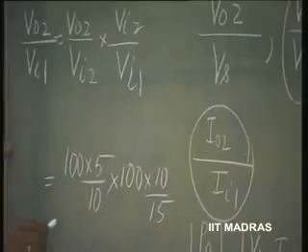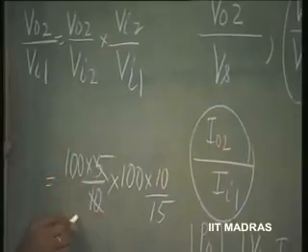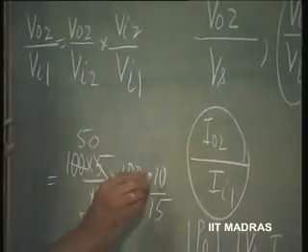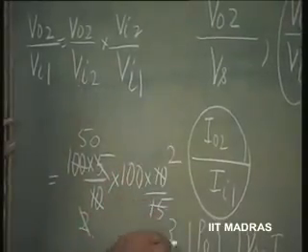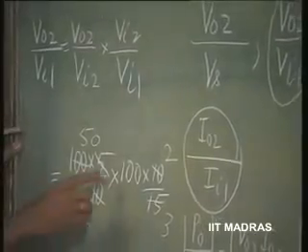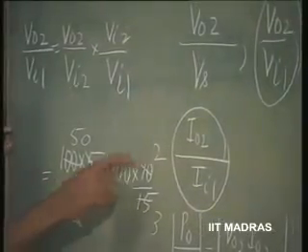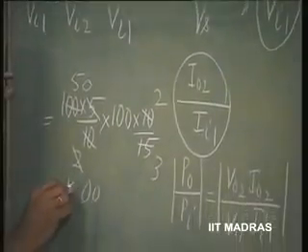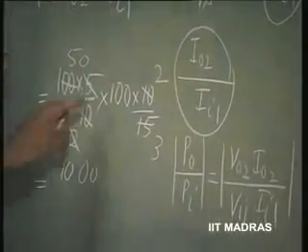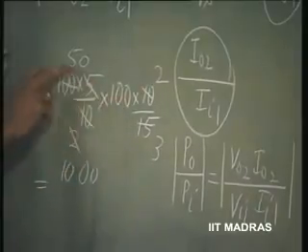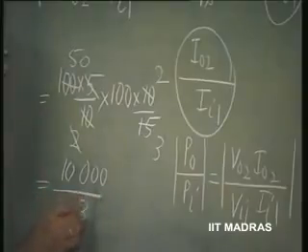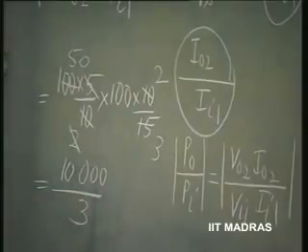Now, this is very easy to evaluate. 200 into 50, so 10,000 by 3, right.